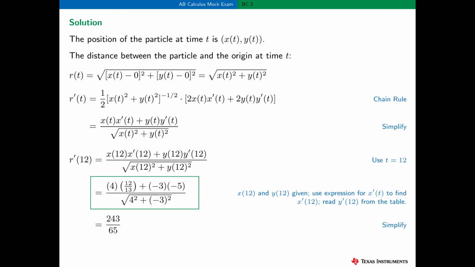A function for the derivative x prime of t is also given. So we can evaluate this function at t equal 12 to find x prime of 12. And we can read y prime of 12 from the table. And finally, with a little simplification, we get 243 over 65.